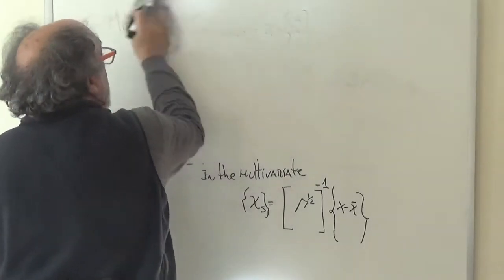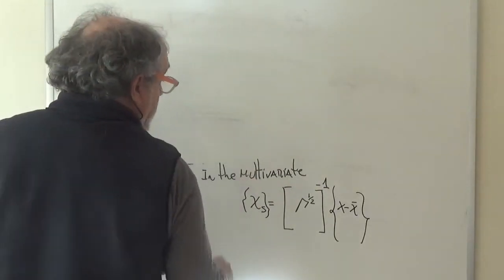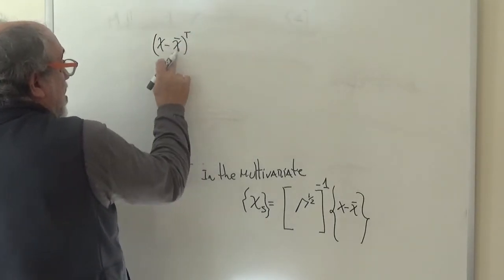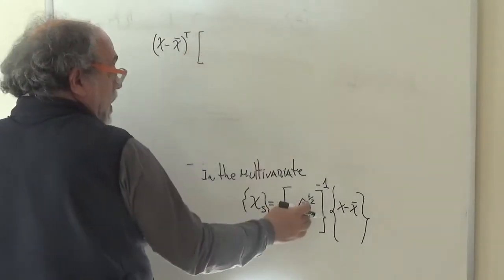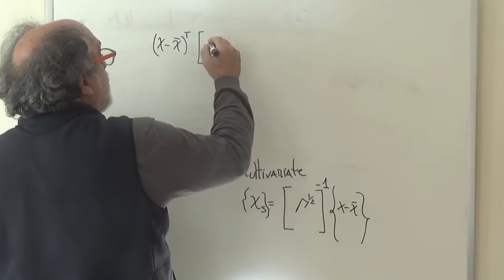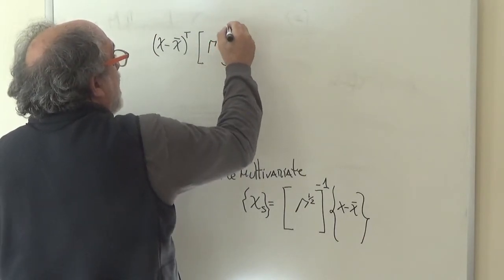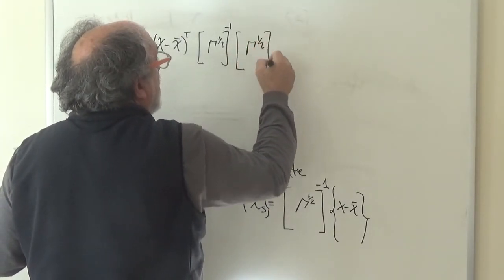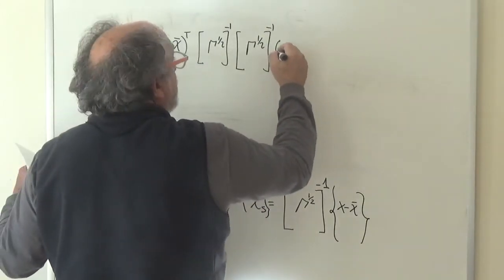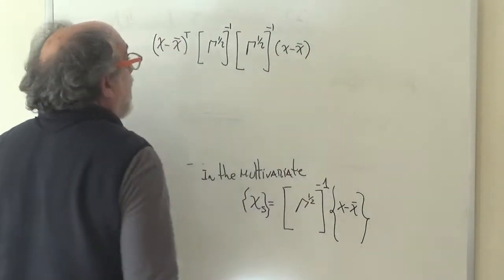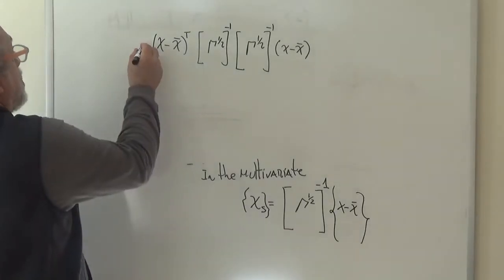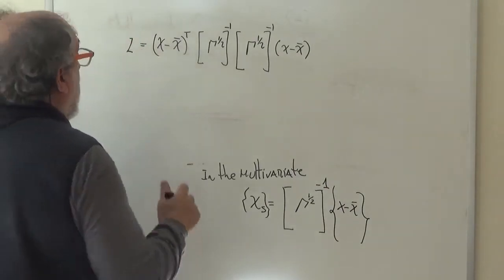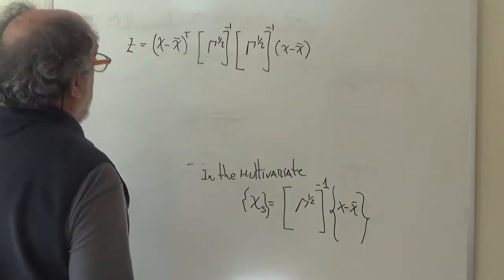And so by squaring it, that is transposing it and multiplying it times itself, we get x minus x bar transpose. These are vectors. Then this was reversed. This matrix is symmetric, so nothing happens to it, except the order just got changed. And then multiply times itself, which is this multiplied times this. And this became the z, and this is the z here, okay?